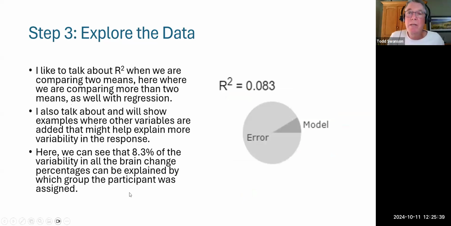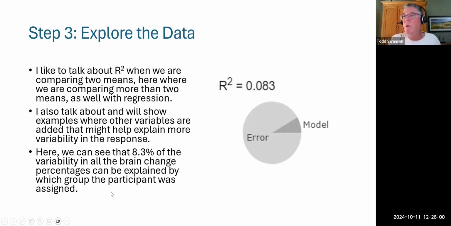And then another thing I talk about with the students at this point is R squared. I would have talked about R squared when we compared 2 means. R squared is just looking at the percentage of variability that's explained by whatever the explanatory variable is.